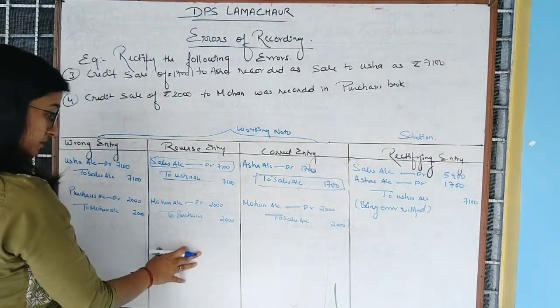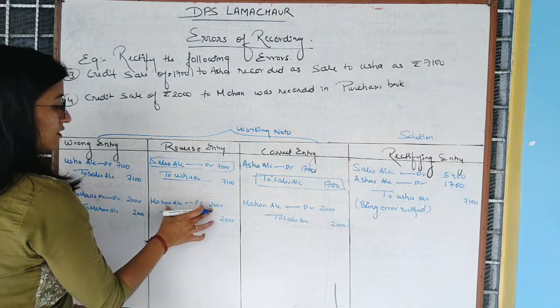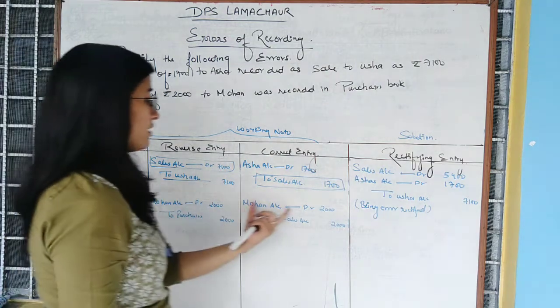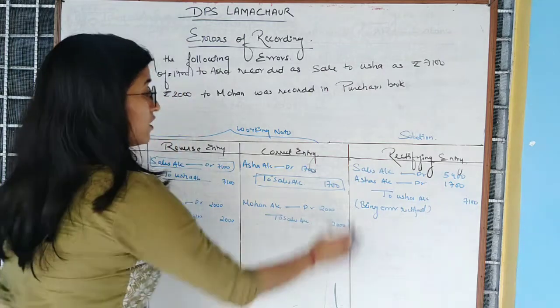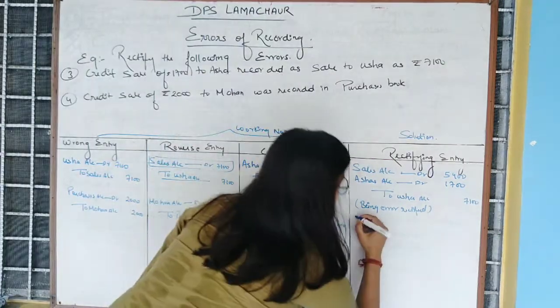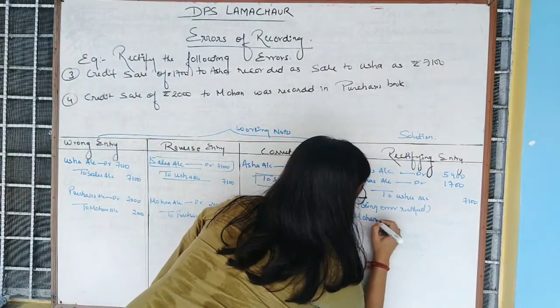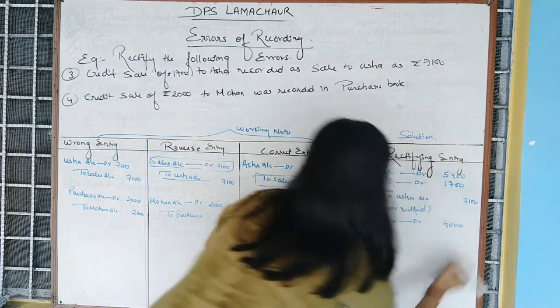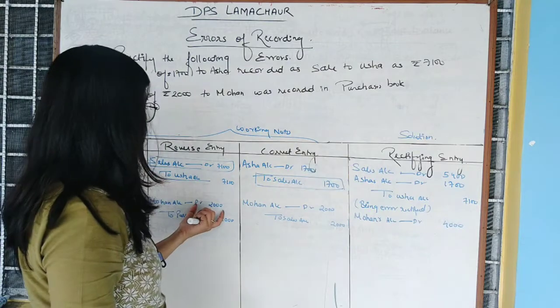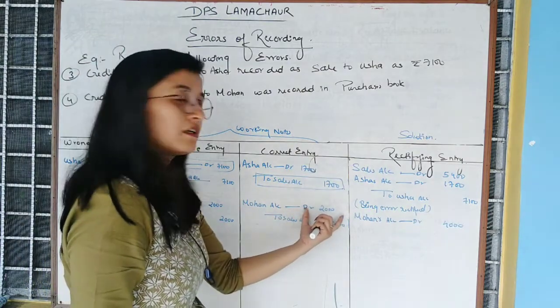So here Mohan's account is debited with 2000, and in correct entry also Mohan's account is debited with 2000. So in rectifying entry, we will debit Mohan's account with the amount 4000, as 2000 is in reverse entry and in correct entry it is 2000.